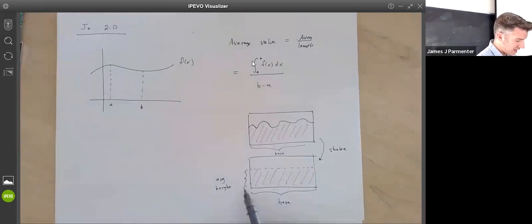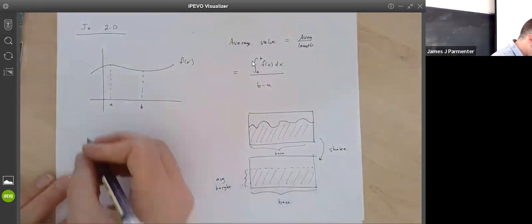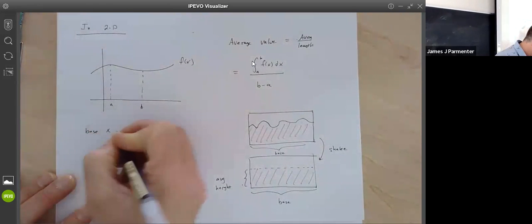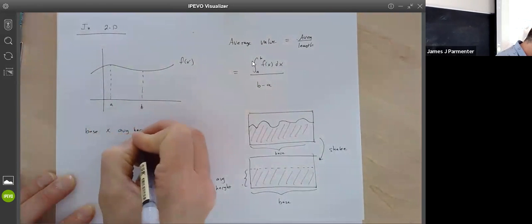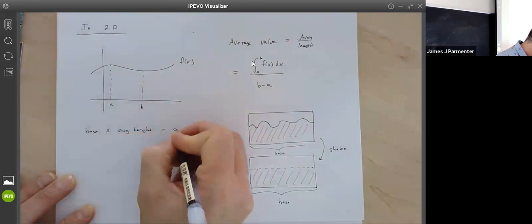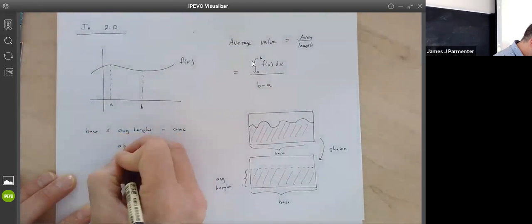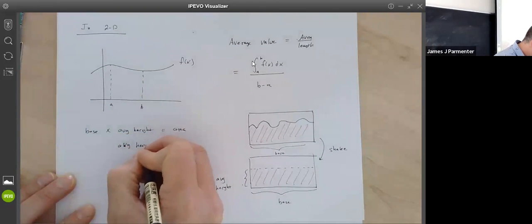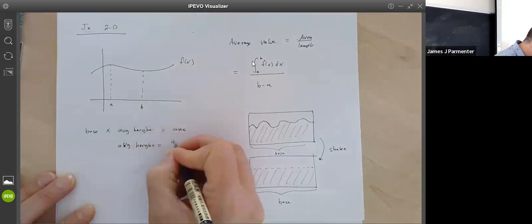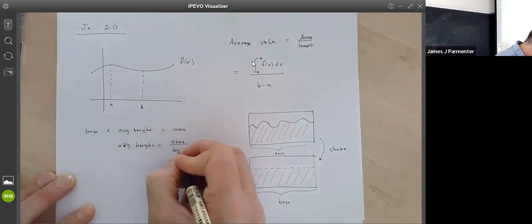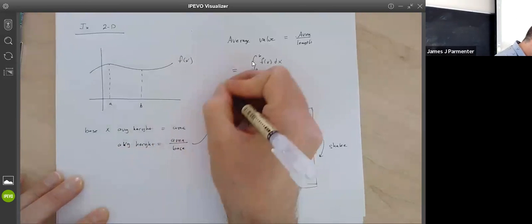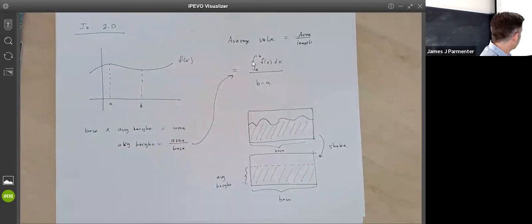So since the base times the average height has to equal the area, then the average height must be what we said it was. It's got to be the area divided by the base. Or more generally, the integral from a to b of f of x divided by b minus a.